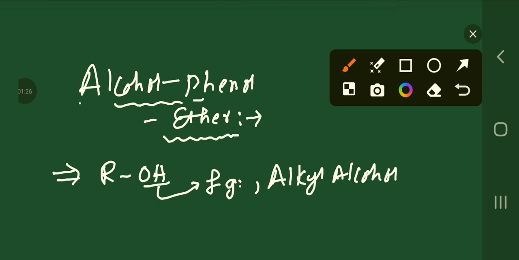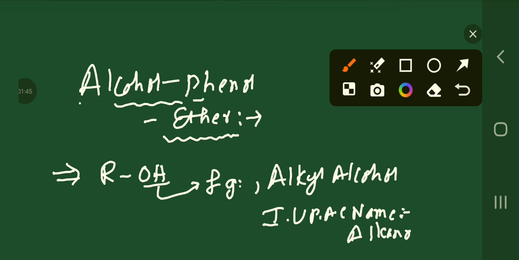So it is alkyl alcohol, and its IUPAC name is alkanol. Alkane plus ol. You can write like this: alkane plus ol. E will be replaced by OL.